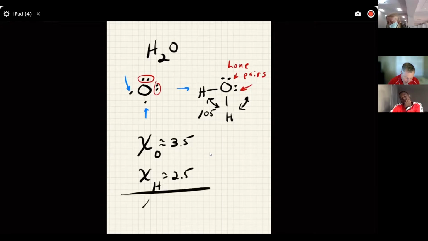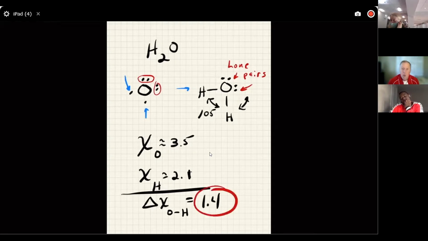So let's do the delta chi. The delta chi for the oxygen hydrogen bond is equal to, oh, I'm sorry, this should be 2.1. Messed that up, 2.1. Is 1.4. Huge, huge delta chi. That means the charges are massive in this molecule.